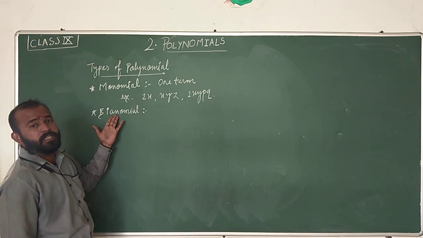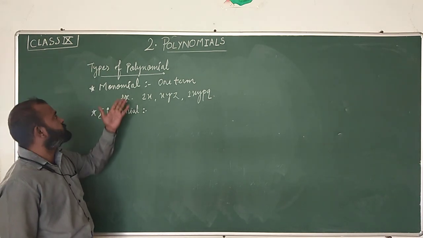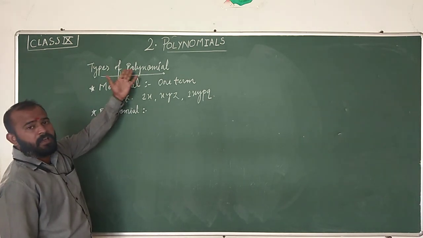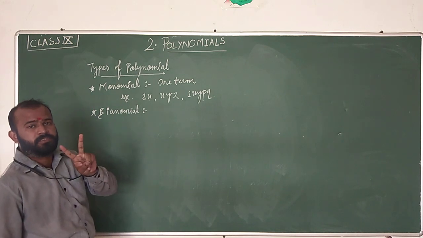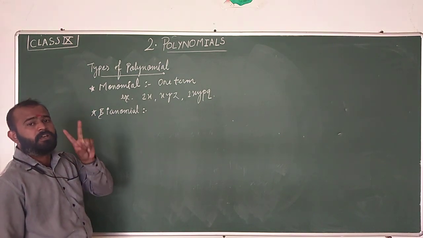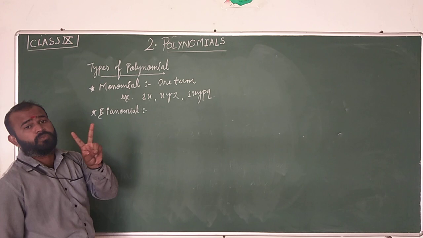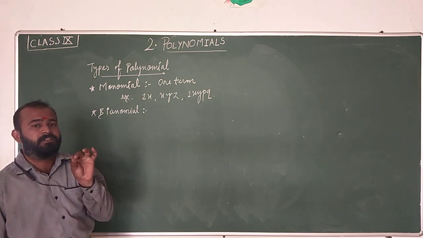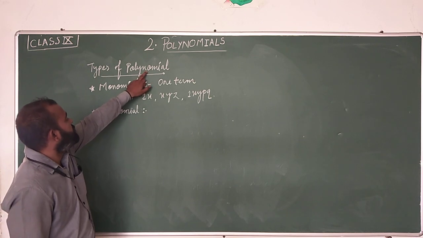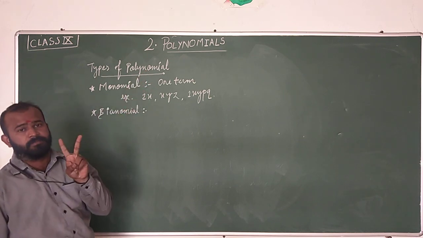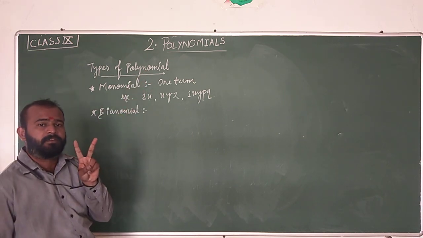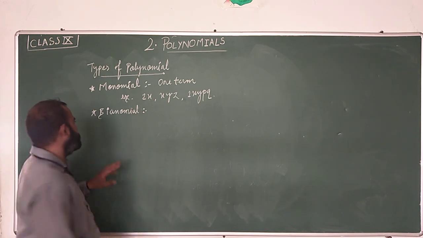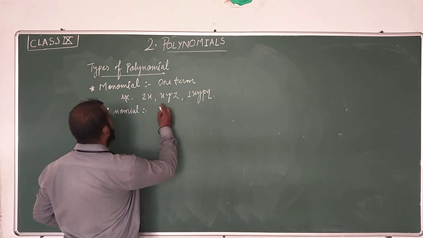So binomial means how many terms? The polynomial having exactly two terms, exactly there should be two terms. This word will be exact there, that the polynomial having exactly two terms is called a binomial.